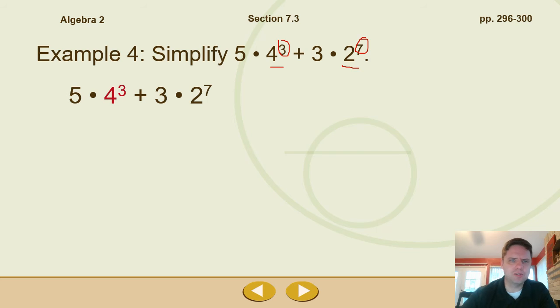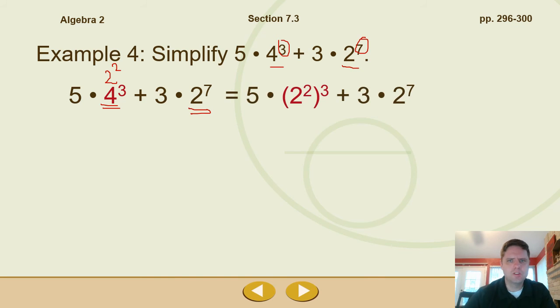Well, in the first case, notice that 4 raised to the 3rd power, we could rewrite that. We have a base of 2 here. What could we do to this to make this be the same base? Well, we could recognize that 4 is 2 squared. So we could rewrite this as 2 squared raised to the 3rd power.